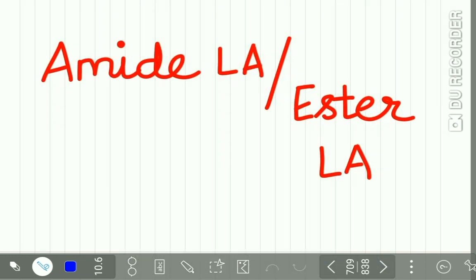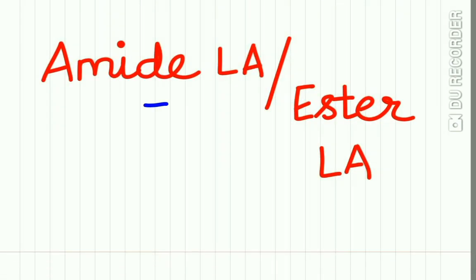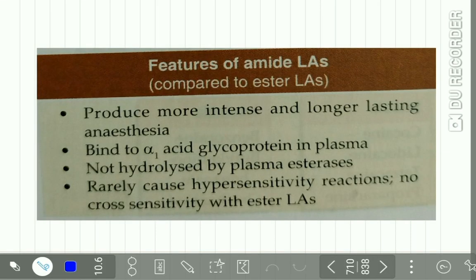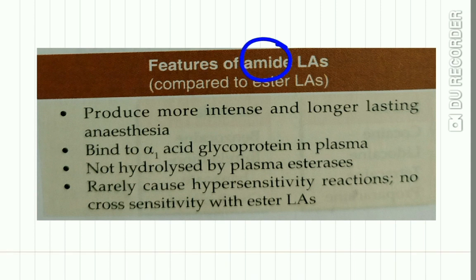The next is the comparison between the amide group local anesthetics and the ester group local anesthetics. Now, the amide group local anesthetics, that is the lignocaine, bupivacaine, ropivacaine, dibucaine and the prilocaine, produce more intense and longer lasting anesthesia than the ester group.